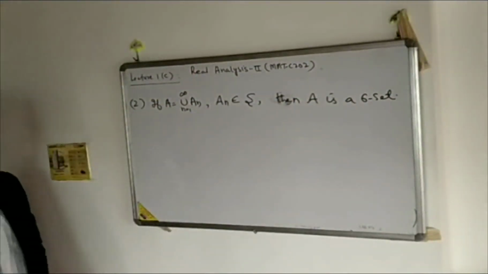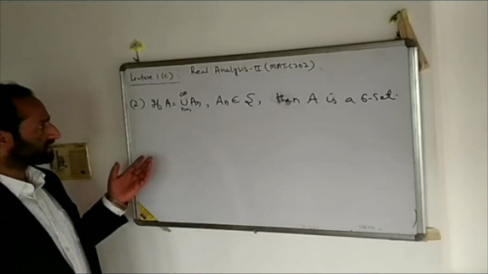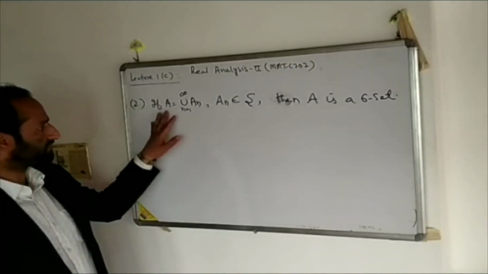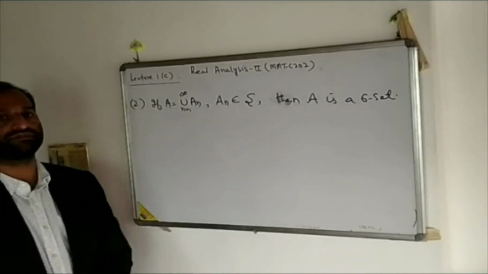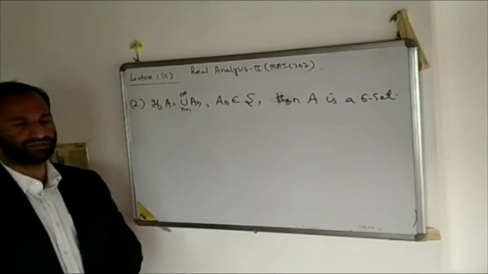As we know by definition, by sigma set we mean that the set can be written as a countable disjoint union of members of S. Here A is the union of members of S, but they are not disjoint.